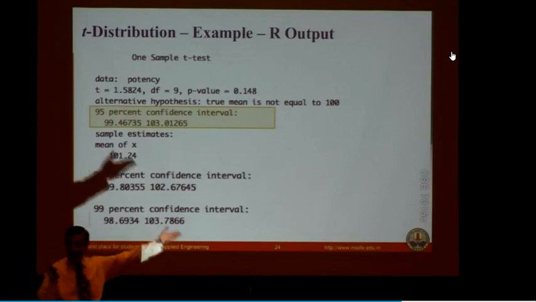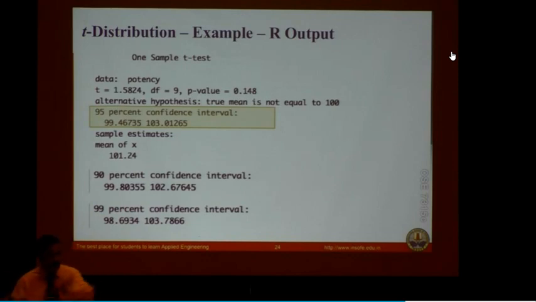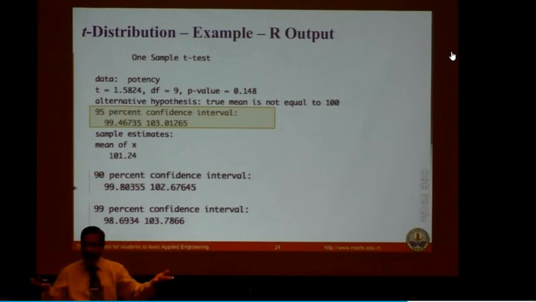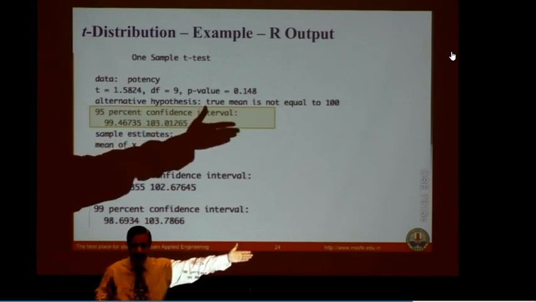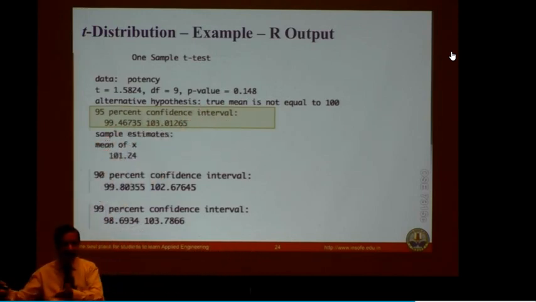Either much lower or much higher. If the tablet weighs much less or has much higher potency, both are dangerous. I want it to be around 100. It cannot be 150, I'll die. It cannot be 50, I'll die. It has to be 100. So that's what it's doing.